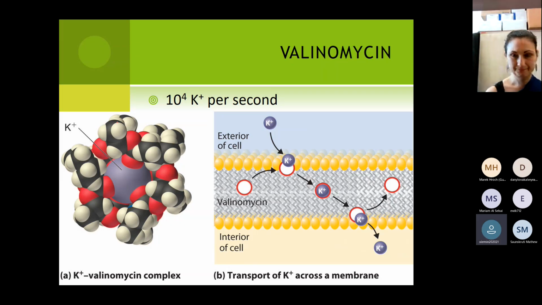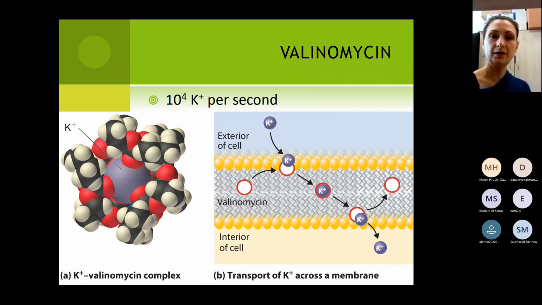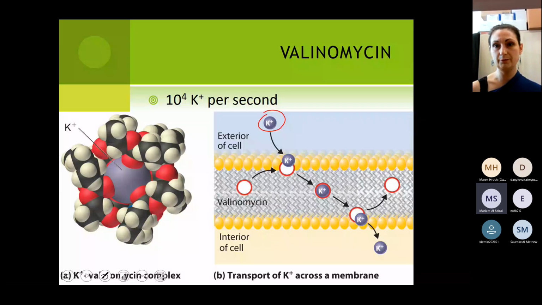Sorry, I don't know. You don't know. Okay, someone else, maybe Mariam. Do you know why potassium cannot go through? Look at the charge. It has a charge. It has a positive charge.